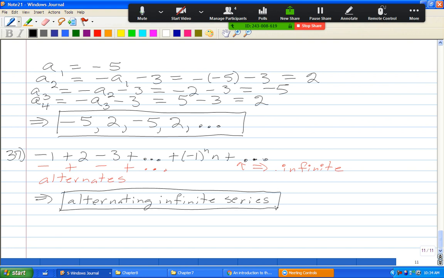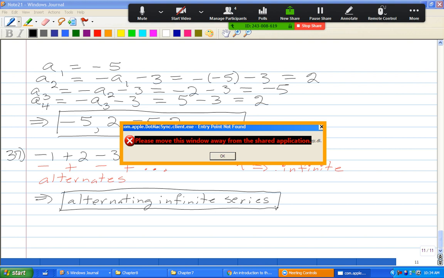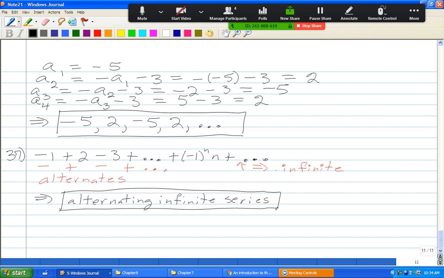These are really weird. So this is a divergent alternating infinite series. It doesn't have those nice properties that we had told you about. So if you actually regroup terms, you can get differing answers.